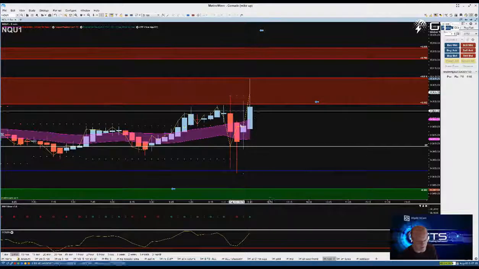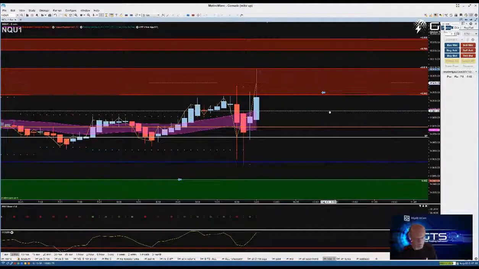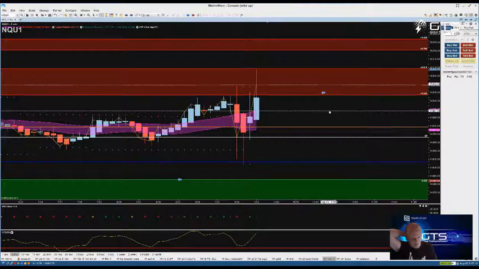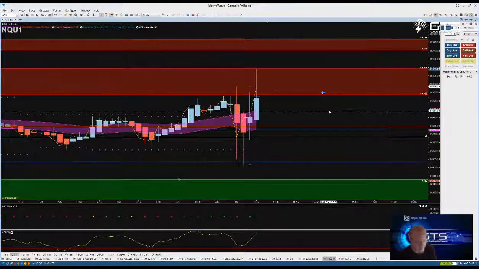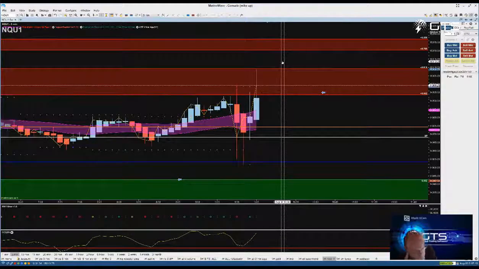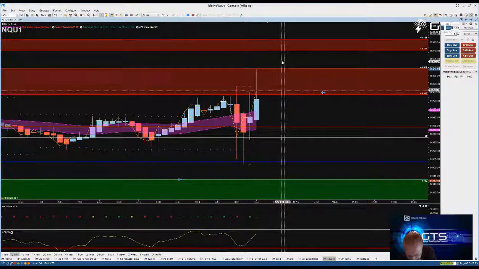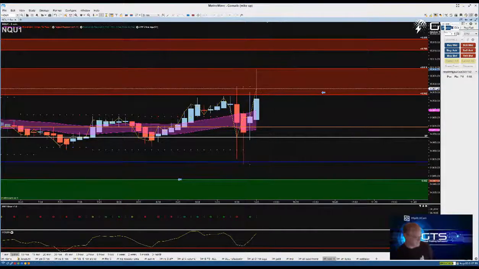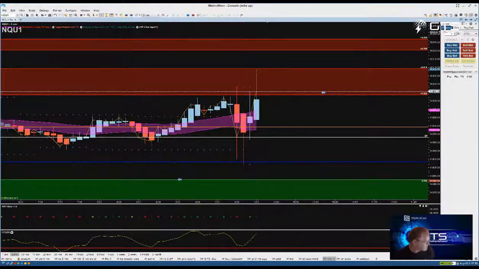We don't want to take this candle right here because it's not going to be the good candle to take, I don't think, because it's not pushing up. We need a candle to form above this and start pushing up. That's what we need.